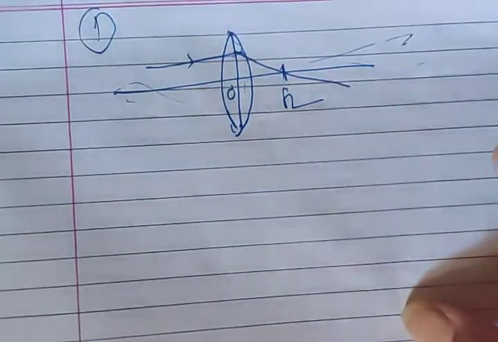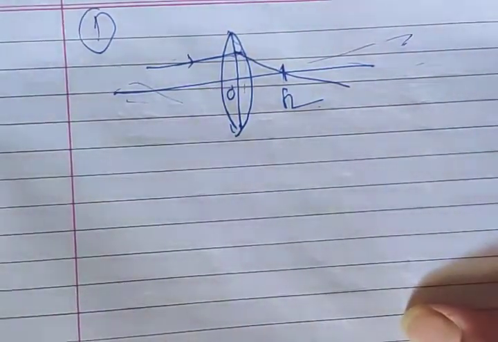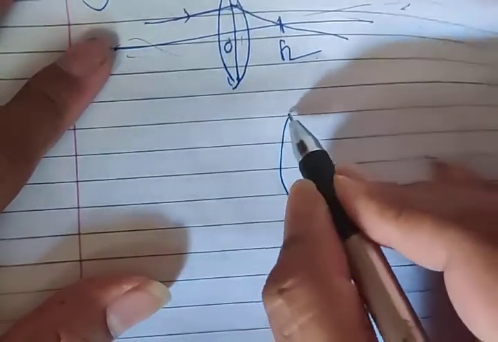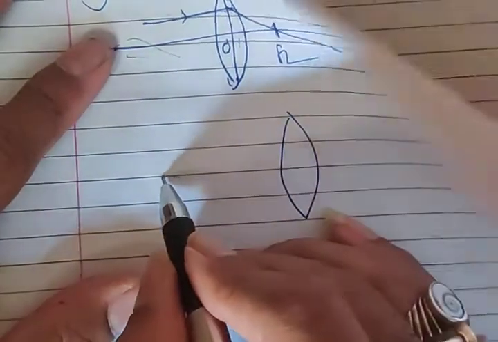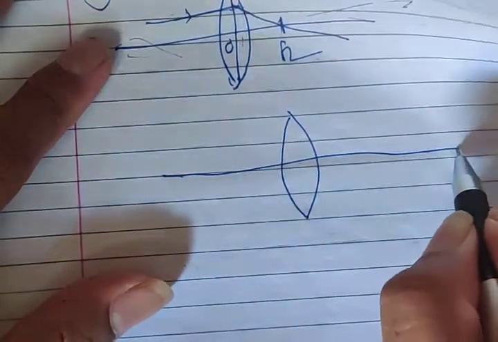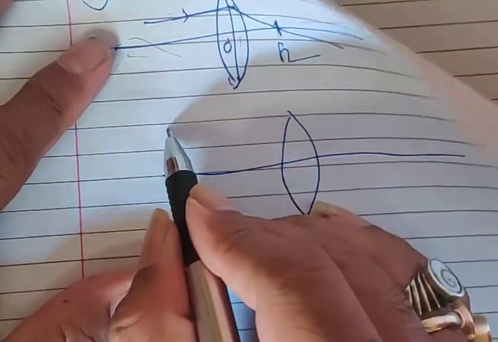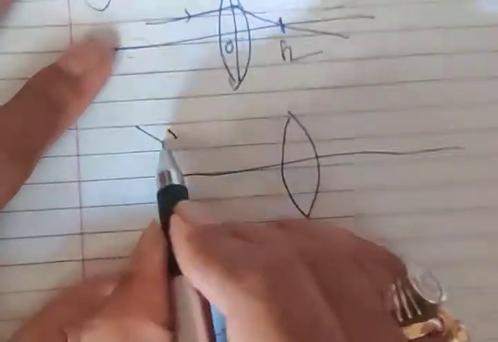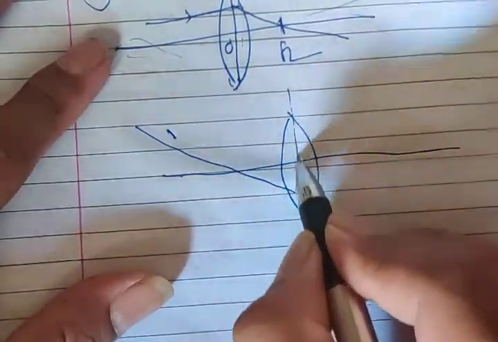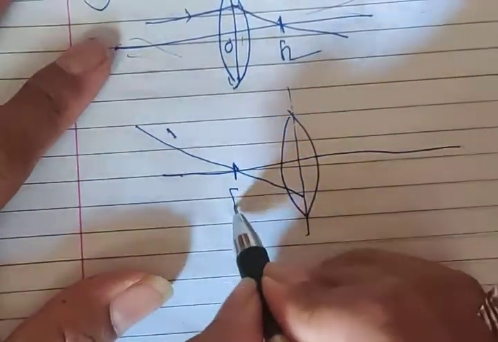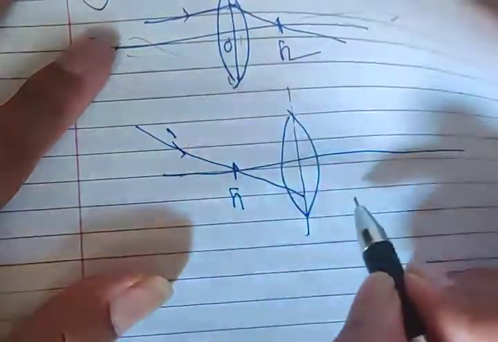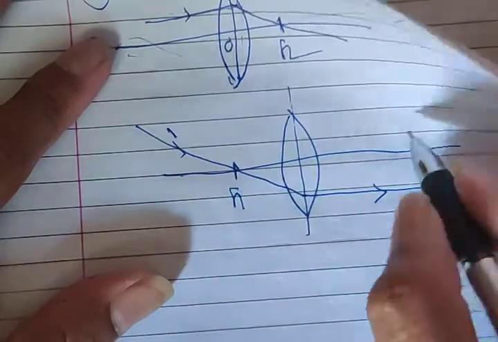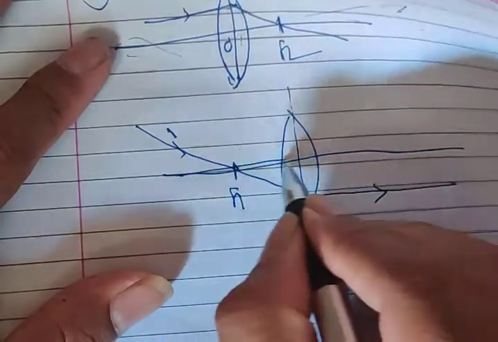Same way, second ray: any ray passing from a focus, this is F1, any ray passing from a focus is going to become parallel to the principal axis. This is our principal axis.